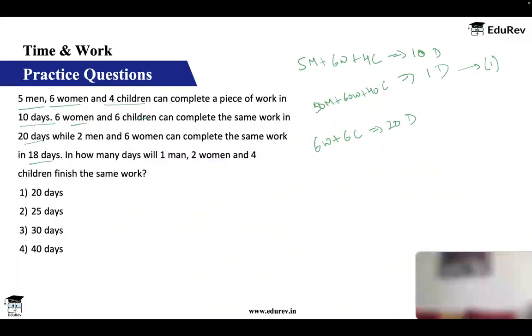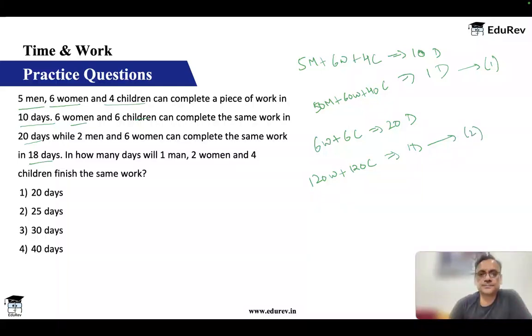Same logic here. They're finishing in 20 days, and I want them to finish in one day. I should make my team 20 times. So 20 into 6, 120 women plus 120 children will finish the work in one day. This is my second equation.